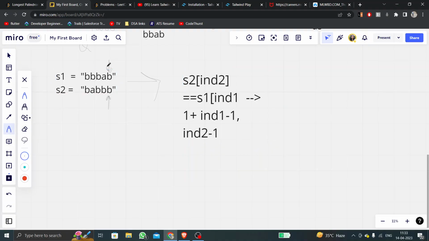If the character matches, then we check for these indexes, and we store a length of 1, that one length is increased.